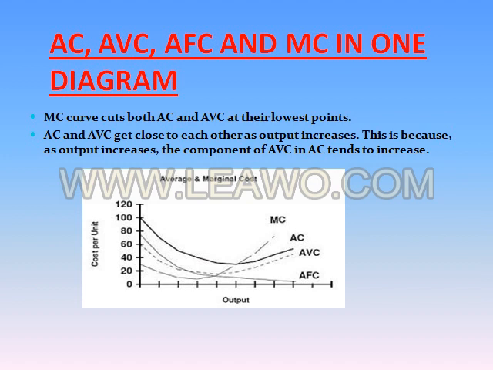AC, AFC, AVC and MC in one diagram. As given in this diagram, the MC curve cuts both AC and AVC at their lowest points. AC and AVC get close to each other as output increases. This is because as output increases, the component of AVC in AC tends to increase.